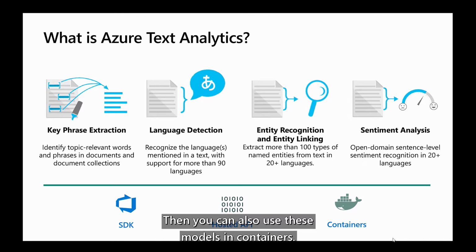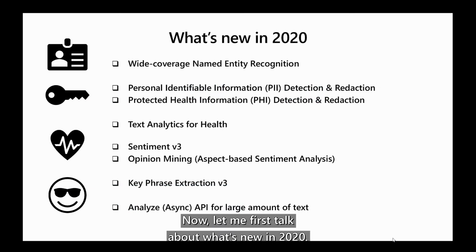And then you can also use these models in containers. So these are connected containers. So they are connected to Azure for billing, but when you use the containers, your data doesn't leave your container, right? So you can use some of these services even in containers. So that's how versatile text analytics is. Now, let me first talk about what's new in 2020.